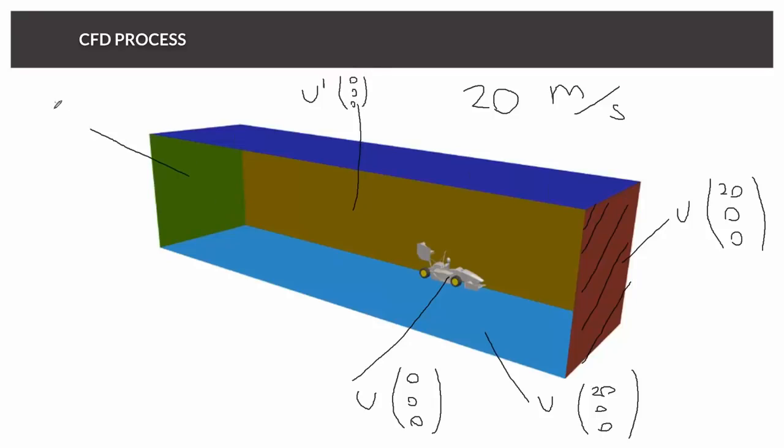For the outlet, we know the pressure will be, let's say, 1 bar. In the end of the day, for every boundary face we have velocity and pressure, and at least one of the values for every face we know, the other one we want to calculate. And this is how you define your boundary conditions.